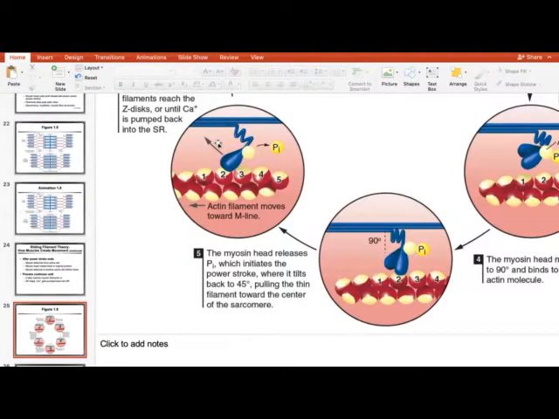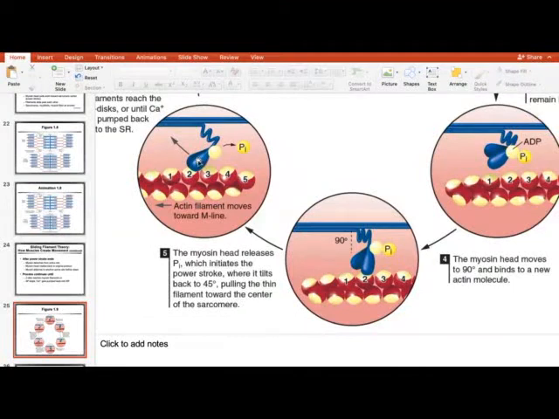For the contraction to happen more and more and more, once the contraction gets to this particular point, there's going to be more ATP. The ATP is going to be broken down again into ADP, and there's going to be another release of energy, which is going to take the myosin head, attach it to number 3, and move it again.